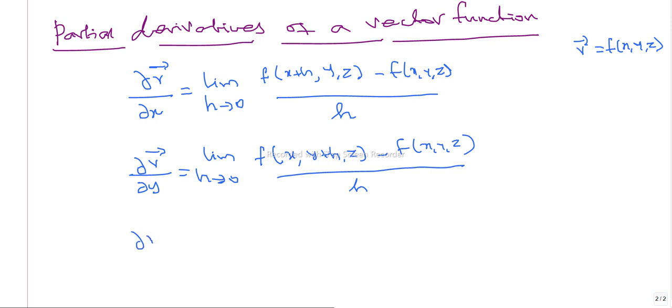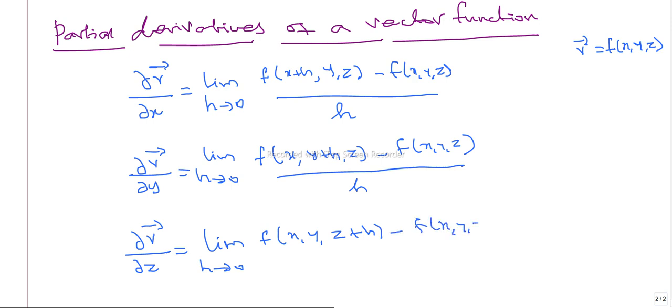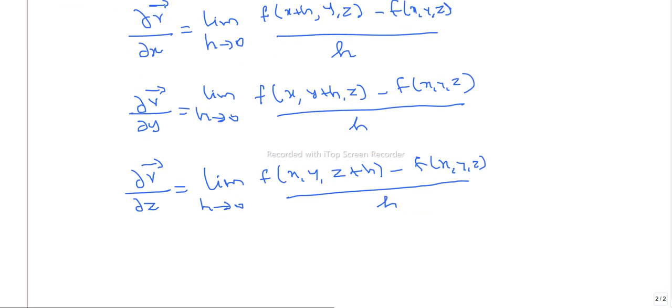Similarly, we can differentiate r with respect to z, the last coordinate you have to vary: limit as h goes to 0 of f of x comma y comma z plus h minus f of x comma y comma z, by h. These are all the partial derivatives of r with respect to x, y, z.